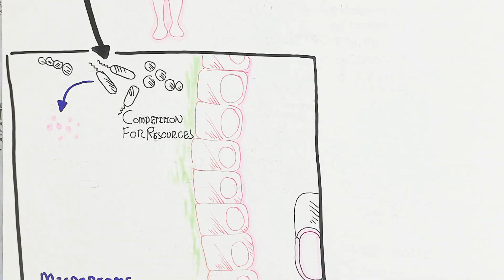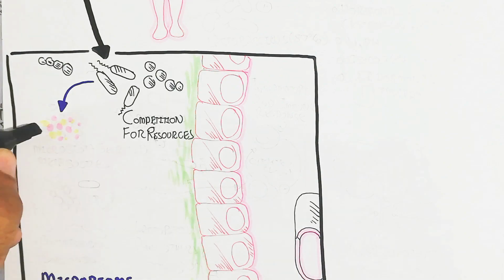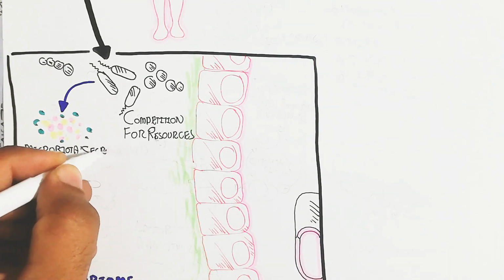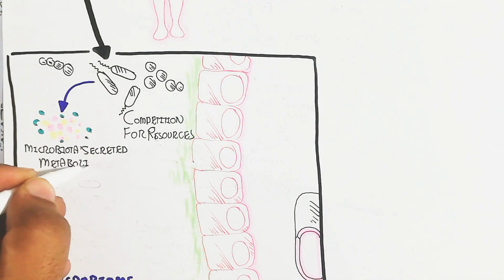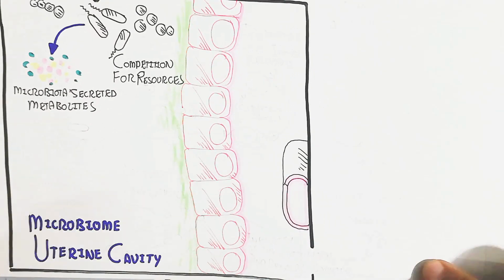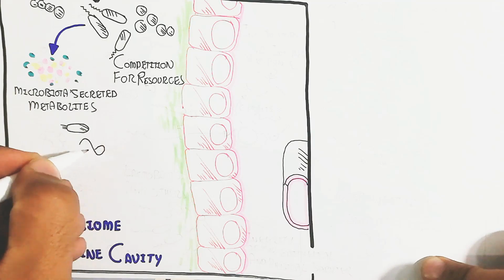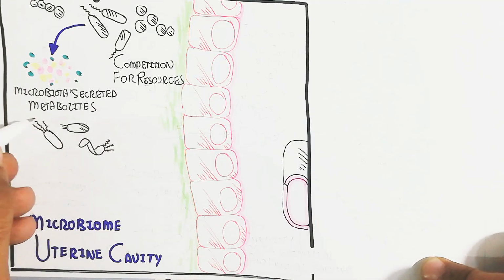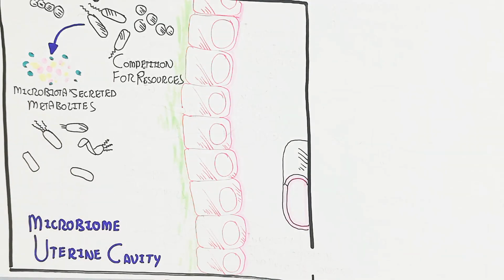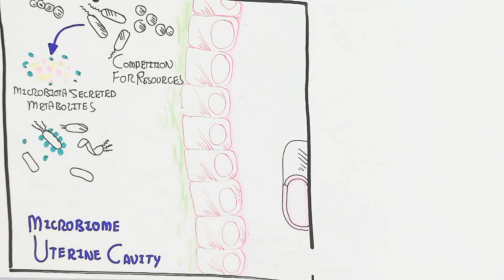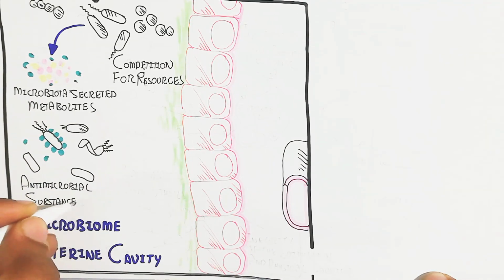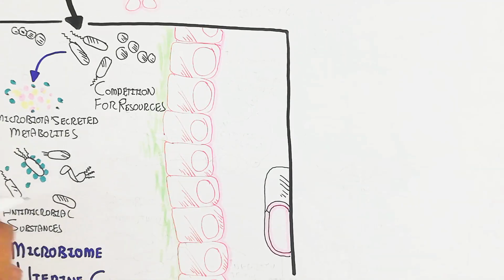In this way, the microbiota secrete metabolites. These metabolites play an important role in the prevention of pathogenicity through opsonization, via antimicrobial substances which collapse the pathogens, and in this way the competition is completed, and the mutualistic bacteria will live longer while the pathogenic will not live longer, since our body has no need for them, and no need for the mutualistic bacteria to be killed, and in this way it will opsonize and kill.